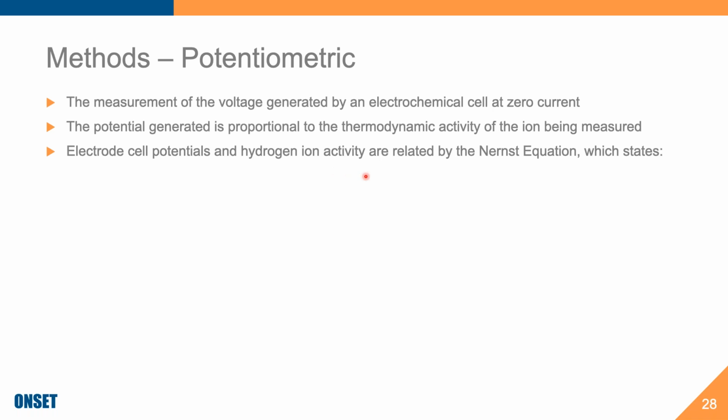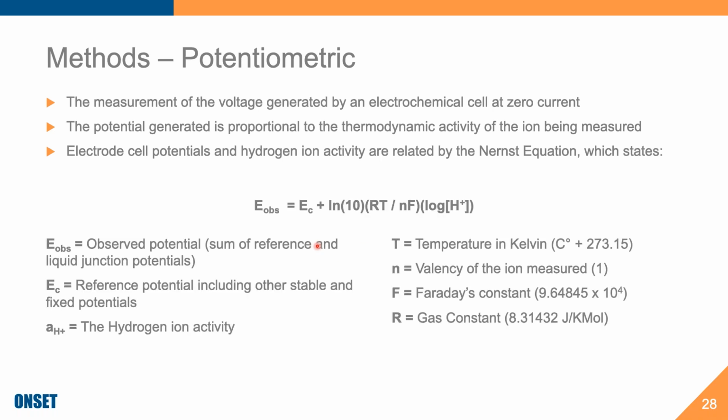So this guy Nernst made this equation. It's actually not just used for pH, it's used for other ions in terms of ion selective electrodes. But basically it comes down to this calculation where you have an observed potential and your reference potential, which should be stable. It should not be changing. That's why it's a reference.